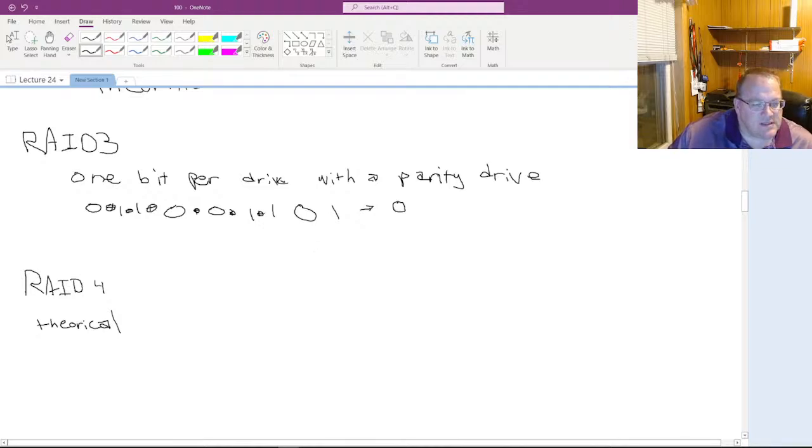So this one says, instead of taking 1 bit per drive, it's a strip per drive. In this case, we want them all to be the same.